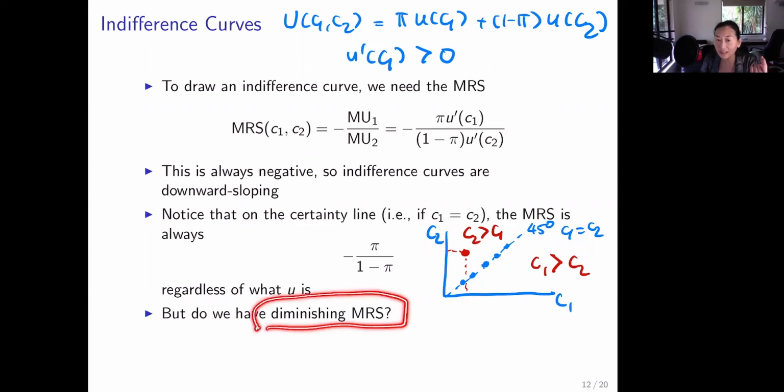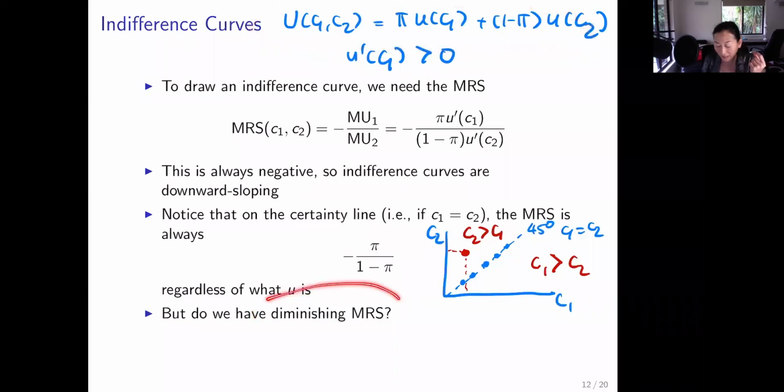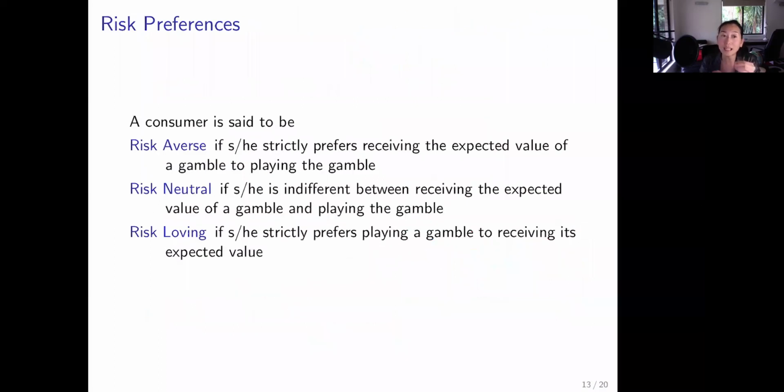And do we have that? For this expected utility function, do we have this or not? Remember, it's different from the utility theory, this is expected utility theory. Well, it actually depends on the risk preference.